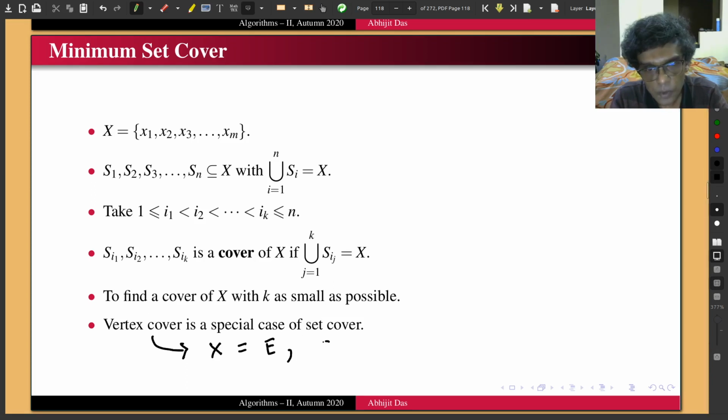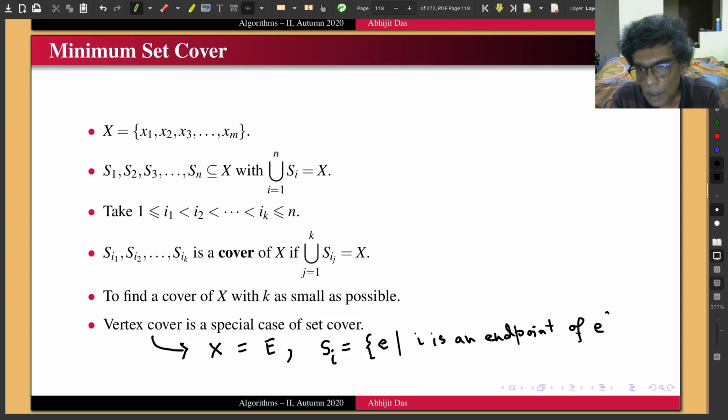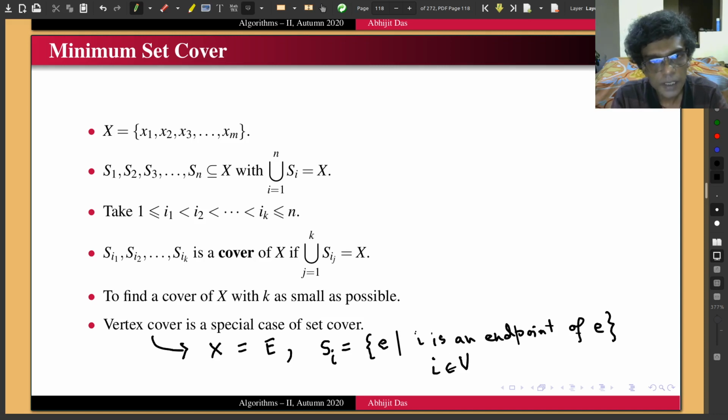So Si is the set of all edges e such that i is an endpoint of e, for i in V. And your task is to find a smallest collection of vertices such that all edges are covered. So this is basically a special case of the generalized set cover problem.